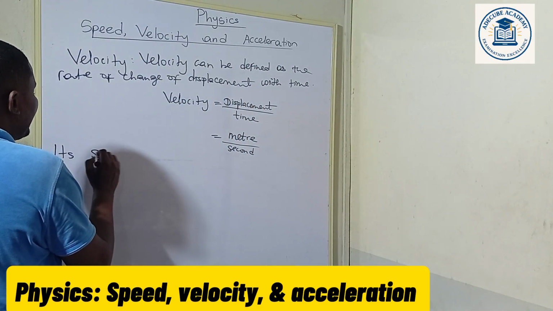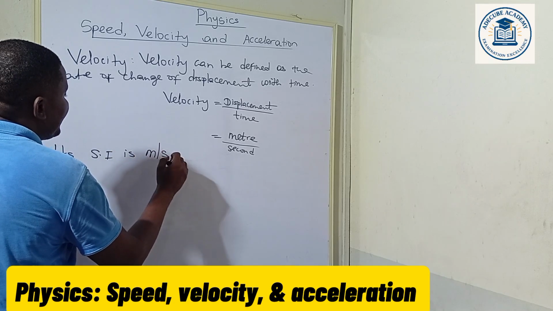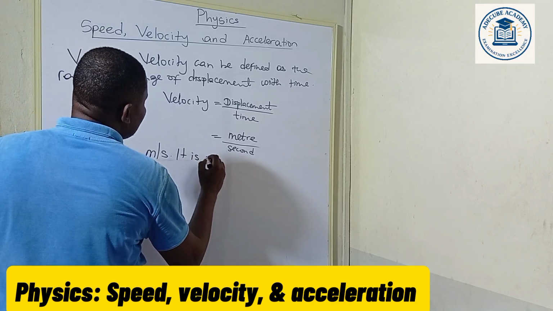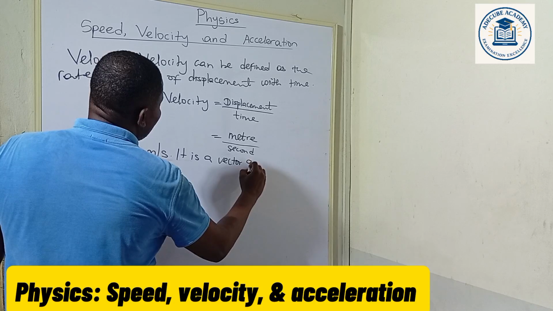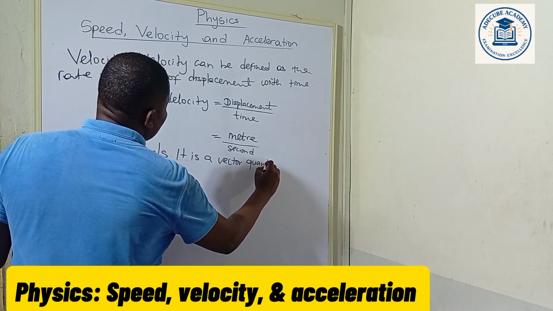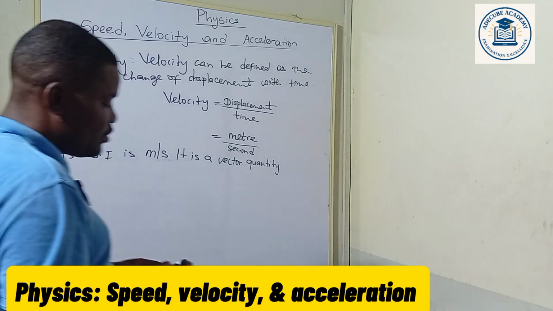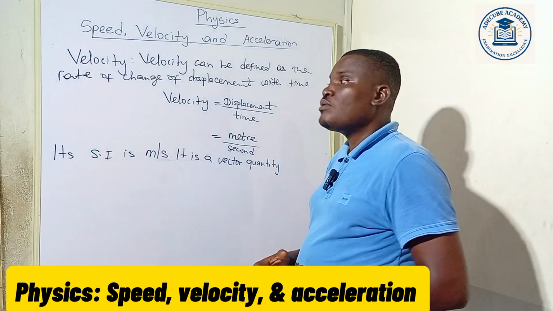Its SI unit is meter per second, and it is a vector quantity. Velocity is a vector quantity.